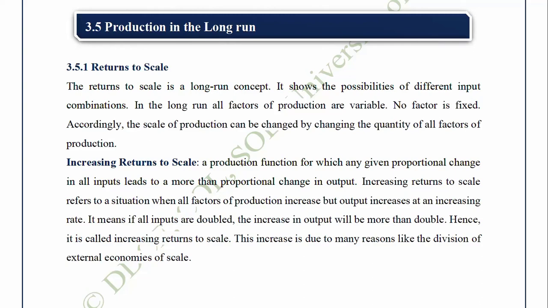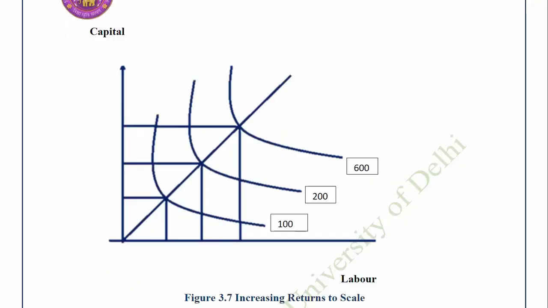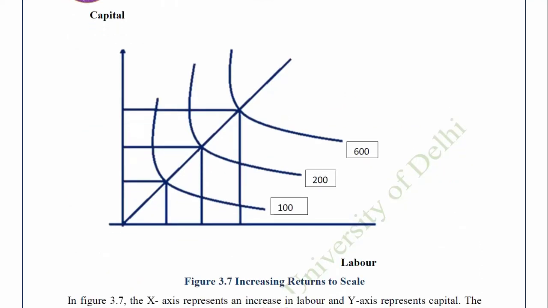It means if all inputs are doubled, the increase in output will be more than double. Hence, it is called increasing returns to scale. This increase is due to many reasons, like the division of labor and external economies of scale. Figure 3.7 depicts the increasing returns to scale.